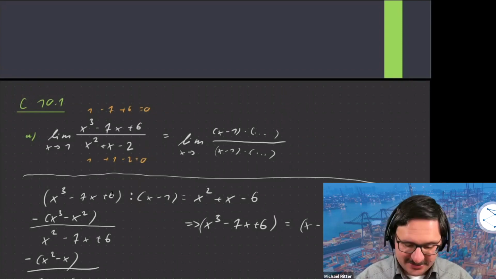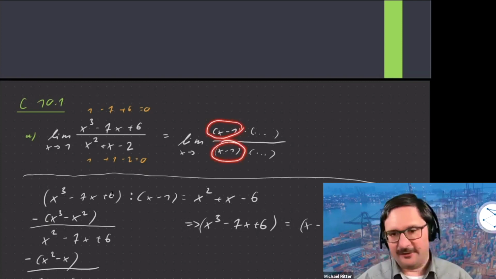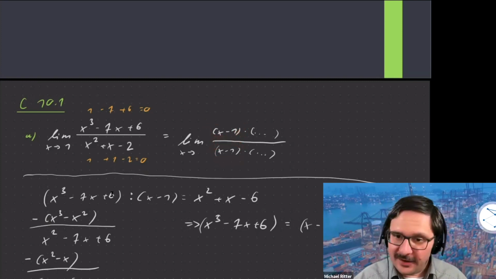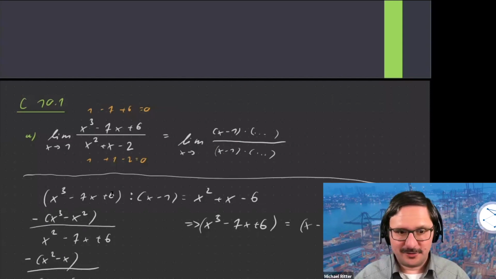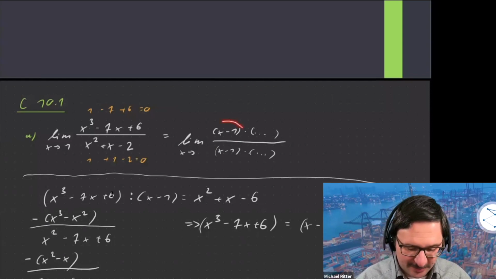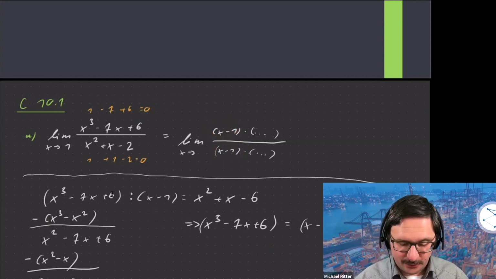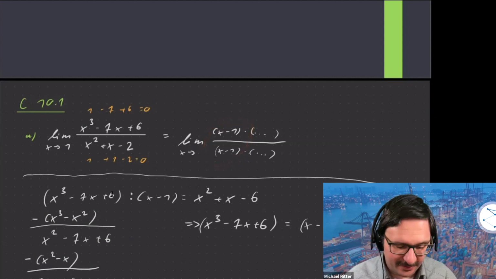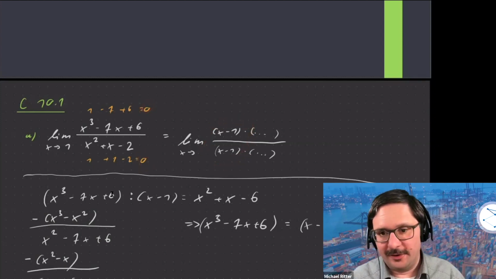That already suggests that it's possible to factor out x minus 1 and then cancel that factor out. So hopefully that will get rid of the problem. It doesn't have to, of course. There might still be other problems with that limit, but at least this one problem should go away. That's the reason why we factor that out, because we want to be able to cancel it out later on and get rid of that 0 by 0 problem.